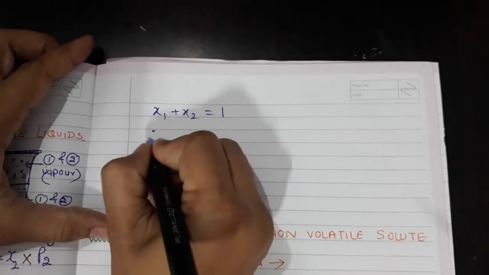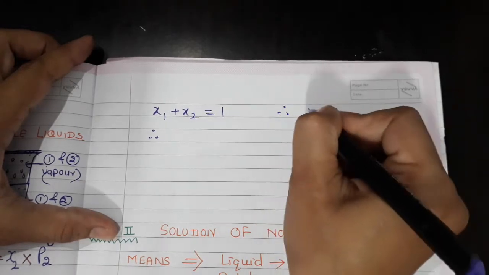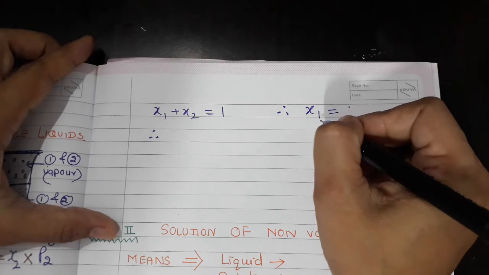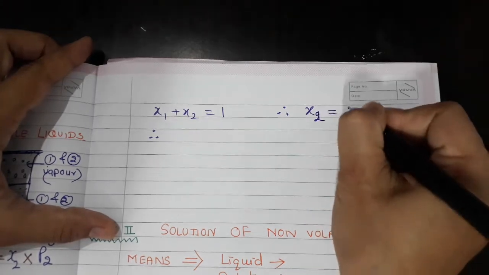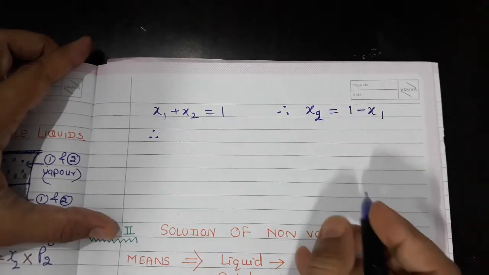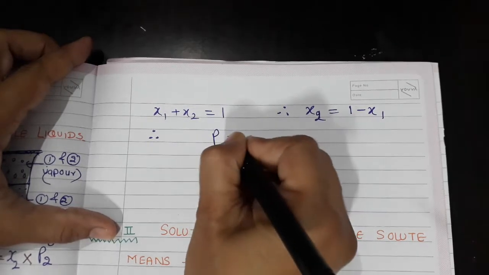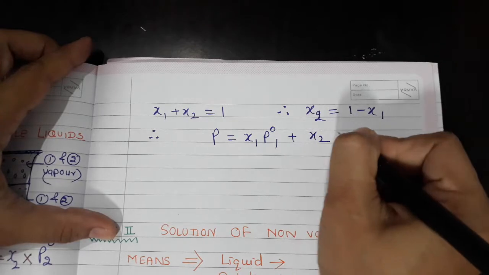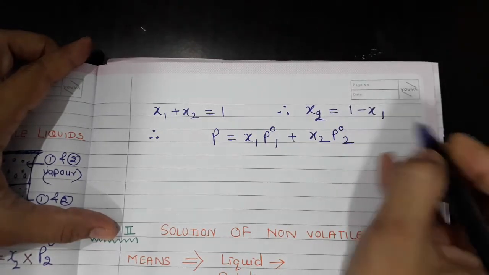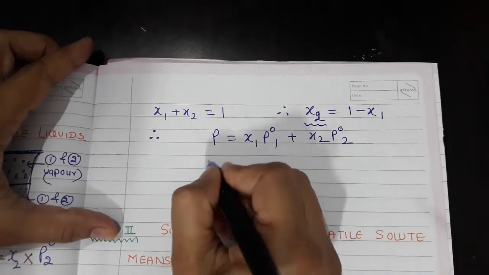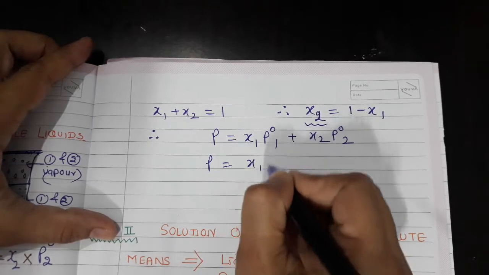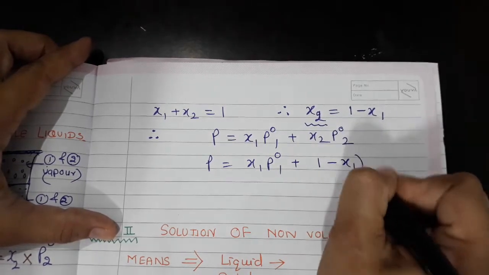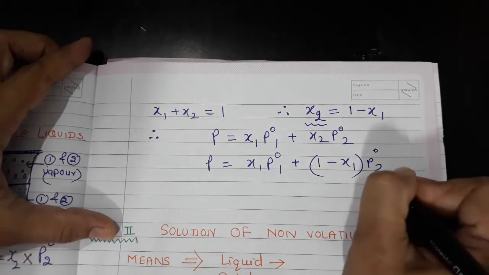Therefore I can write x2 is equal to 1 minus x1. So we have P is equal to x1 P naught 1 plus x2 P naught 2. I'll substitute this value in the expression: x1 P naught 1 plus (1 minus x1) P naught 2.